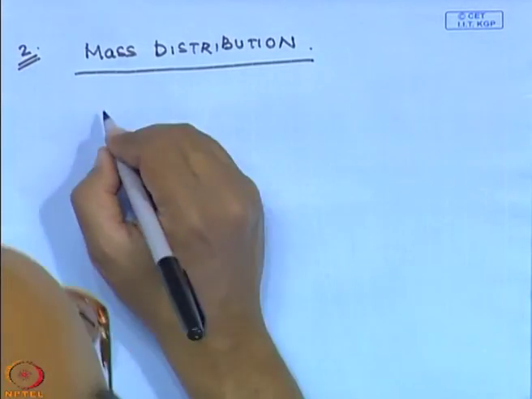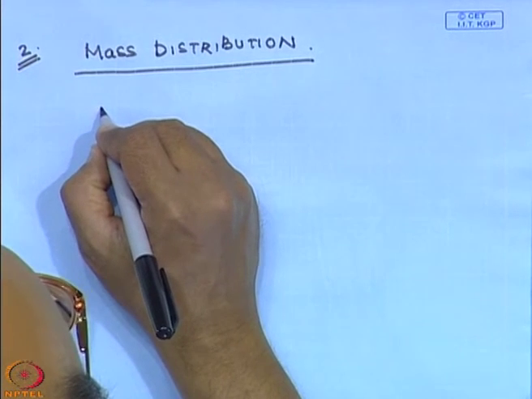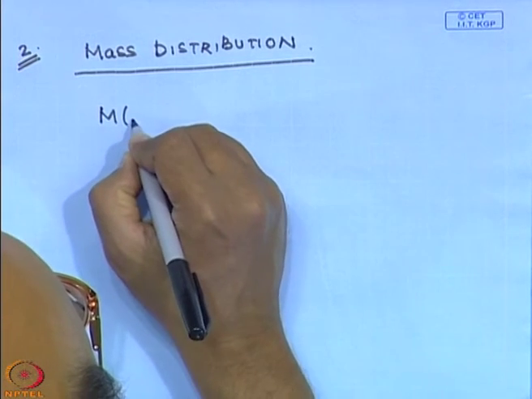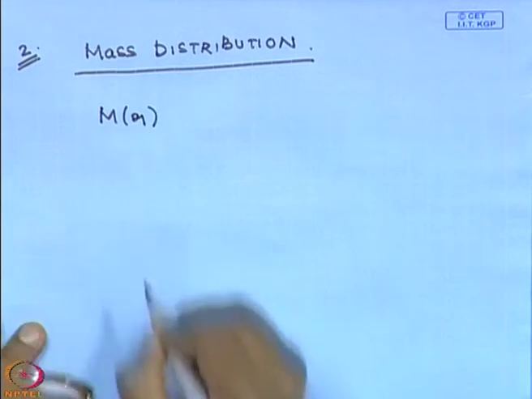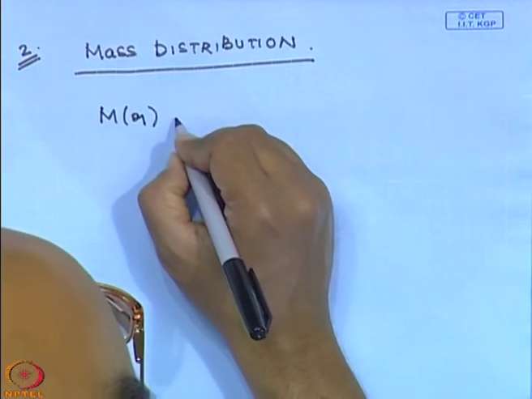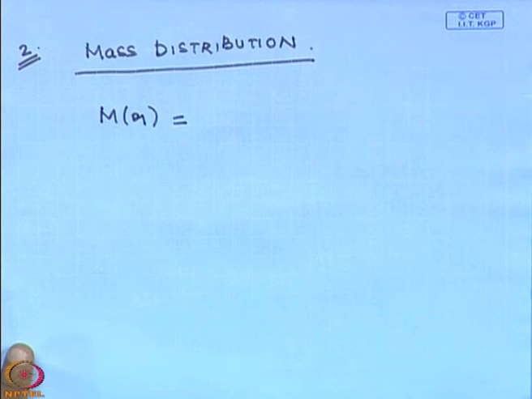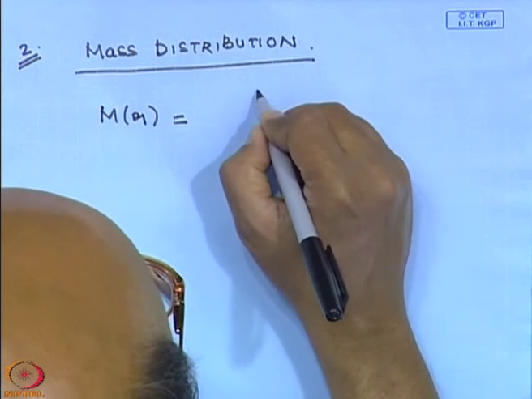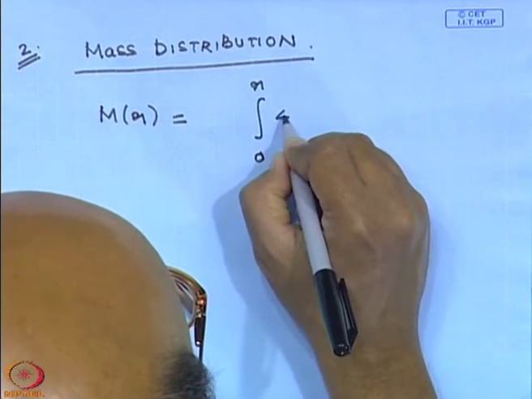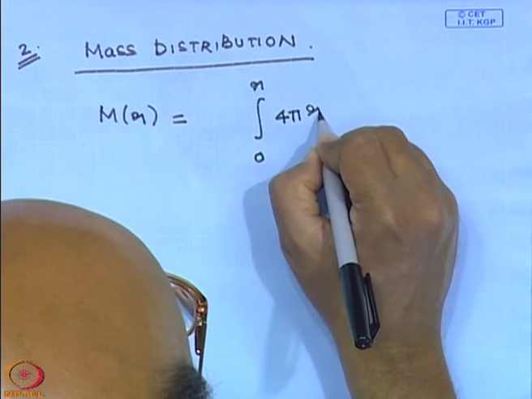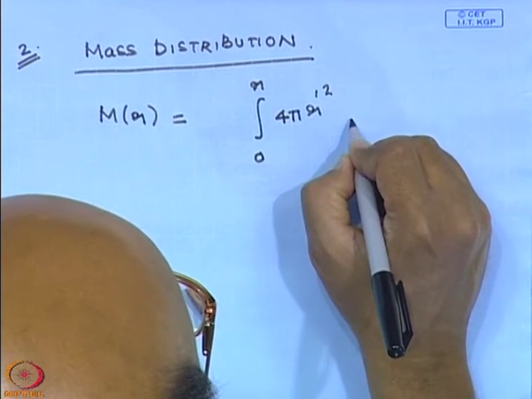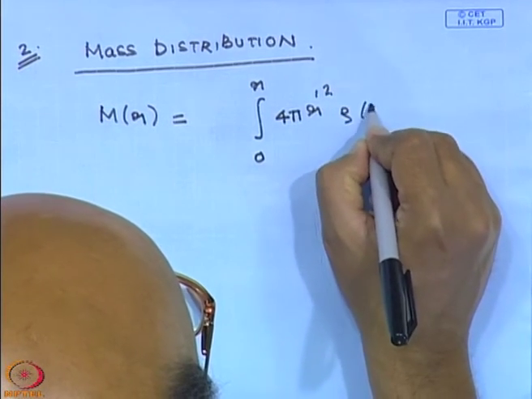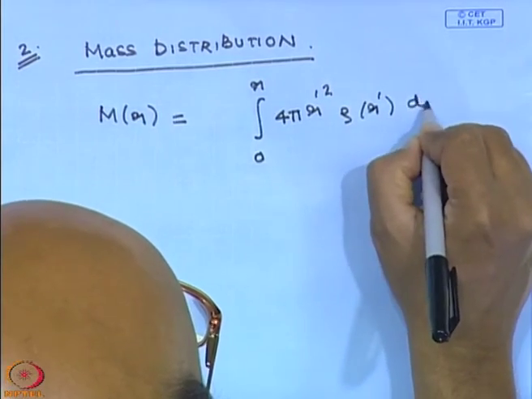So, we know the mass within a sphere of radius r is the integral of the density, 4 pi r prime square rho(r prime) d r prime.